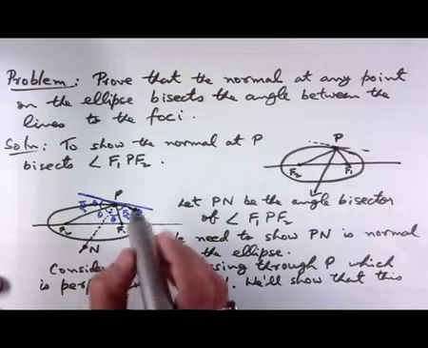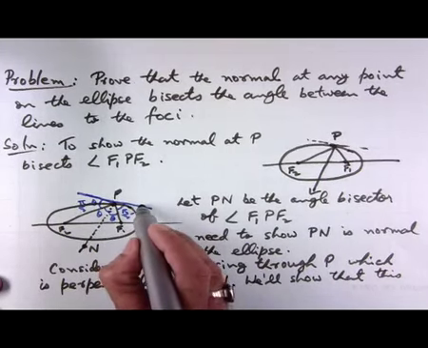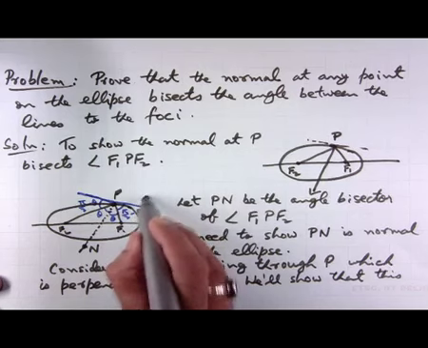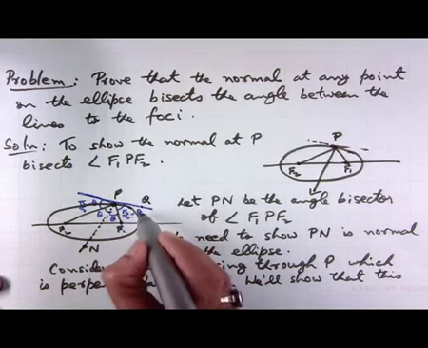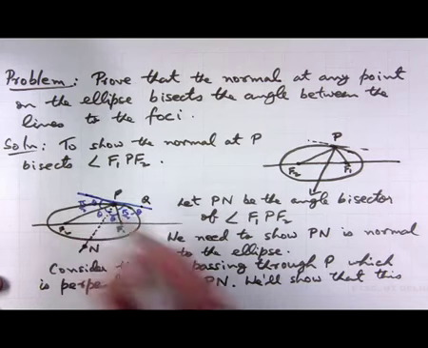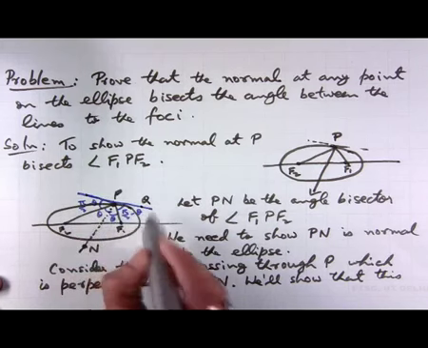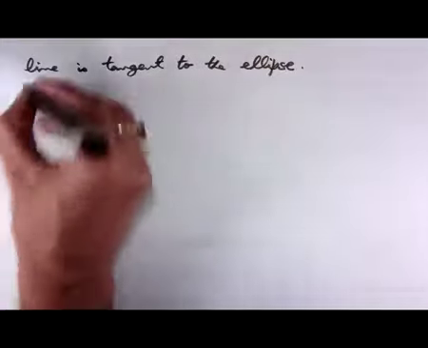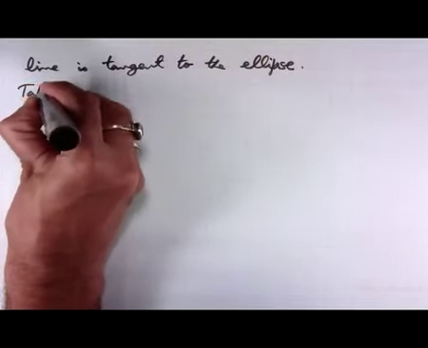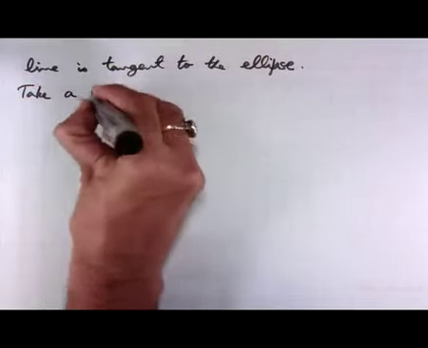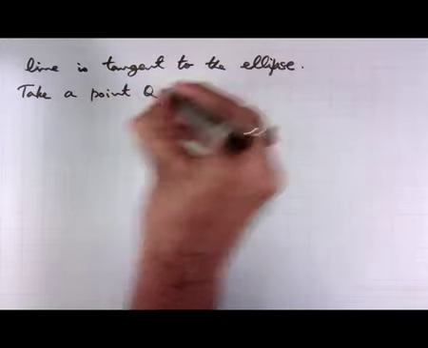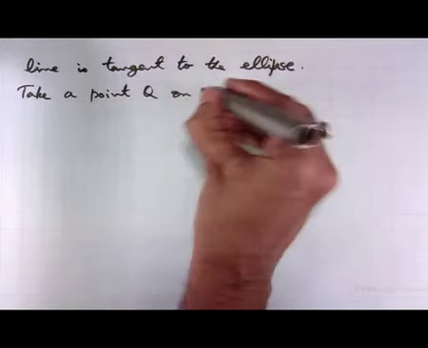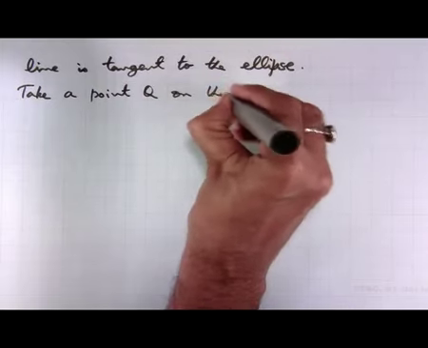Which means that we have to show that if there is any other point Q on this line, then Q must not lie on the ellipse. So, take a point Q on this perpendicular line.